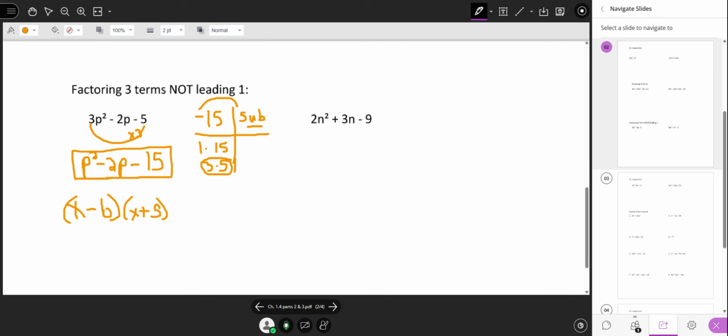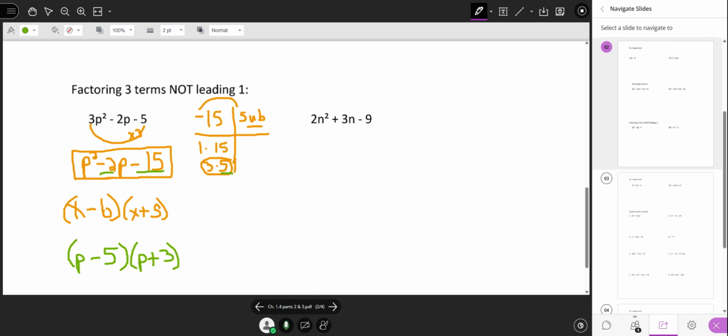So we have to use p. So p minus the big factor and plus the small factor. 3 times negative 5 is negative 15, but 3 minus 5 is our negative 2. How cool is that?